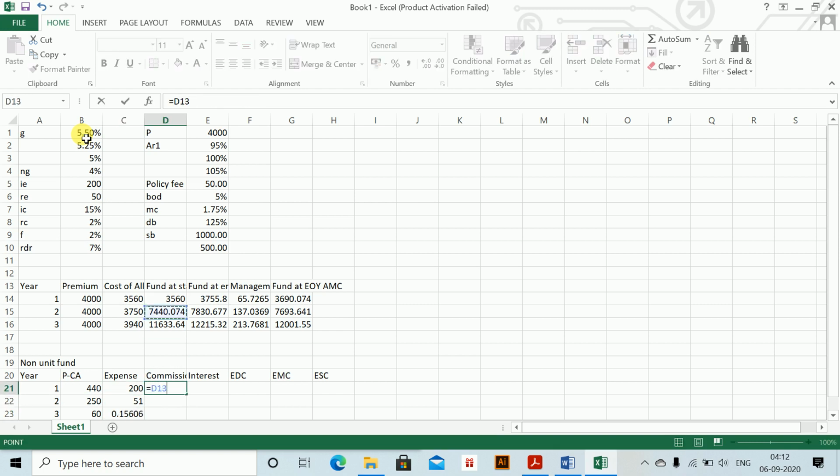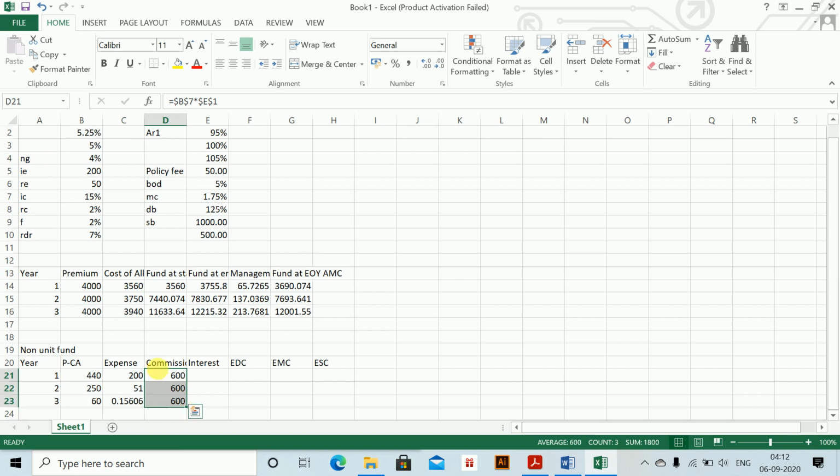Commission is equal to 15% into premium, renewal is P8. Okay, interest is premium minus expense minus commission into non-unit growth rate.